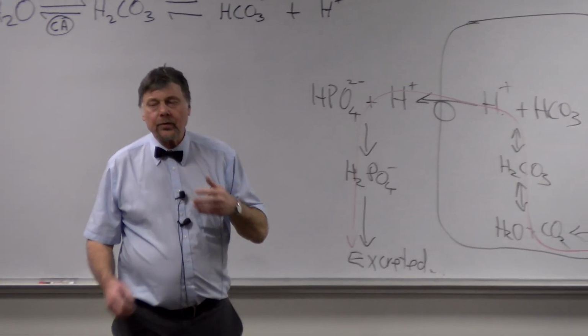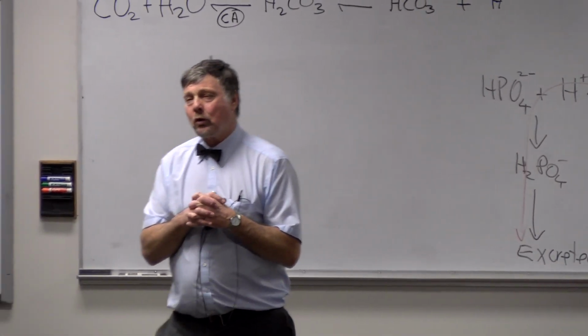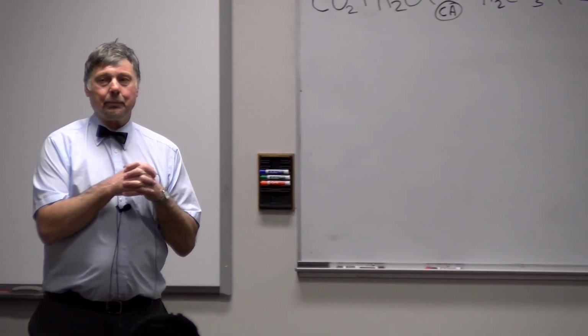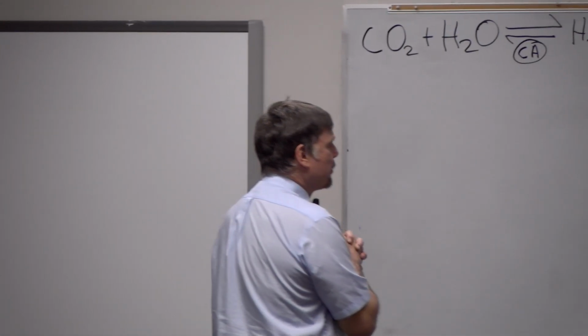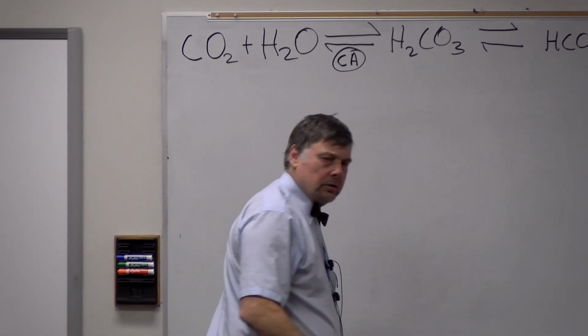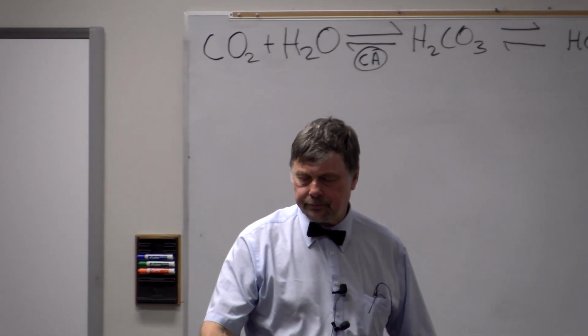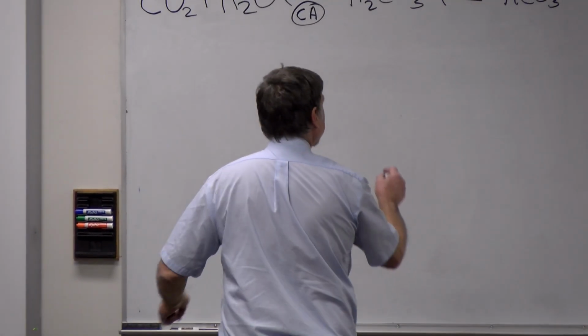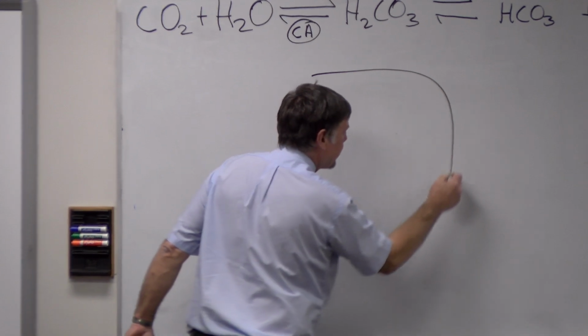There is also, perhaps a little more unusual, a B-type intercalated cell. This is a situation where it's a little rarer. But it's a cell that looks like this.